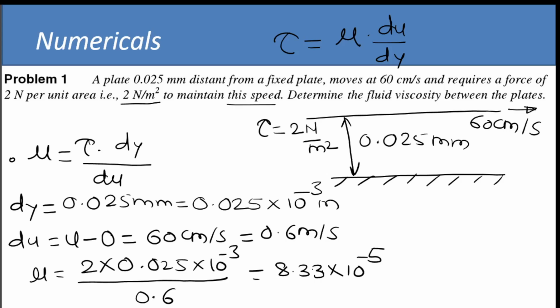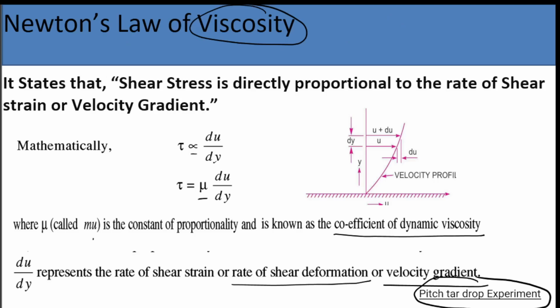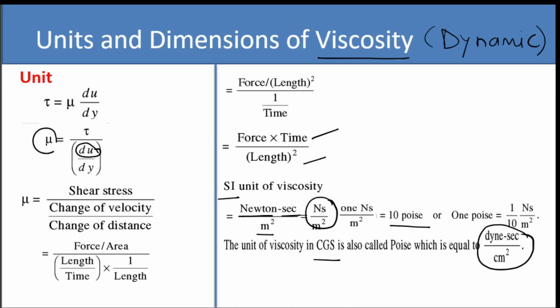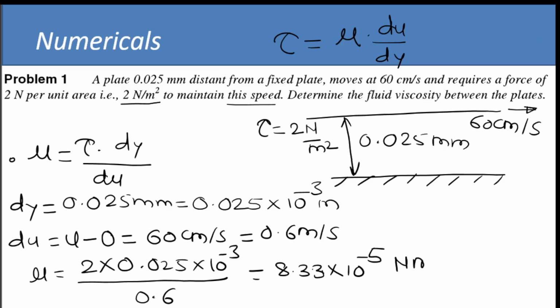What is the unit of the dynamic viscosity? It is Newton second per meter square.